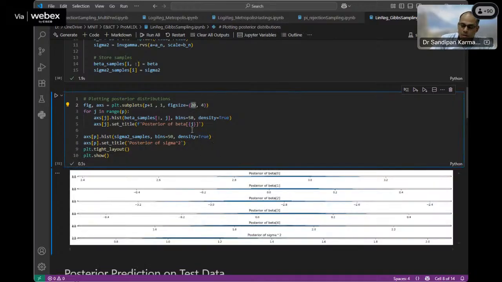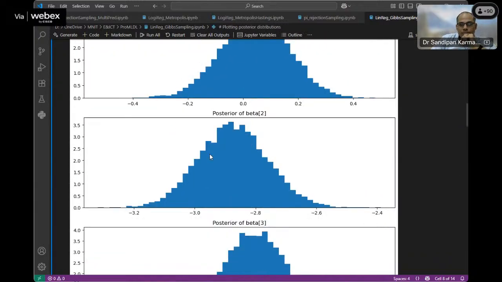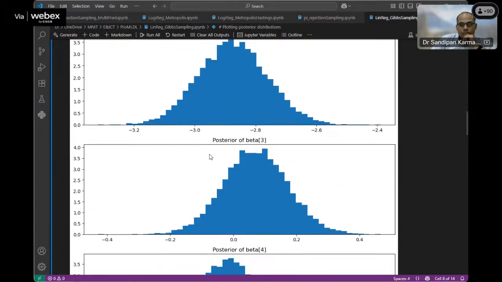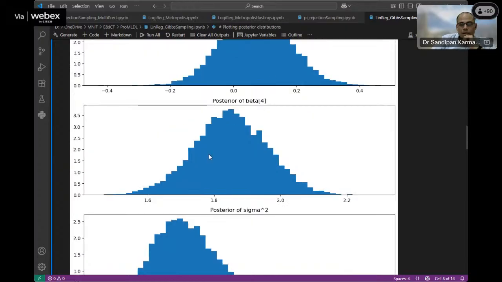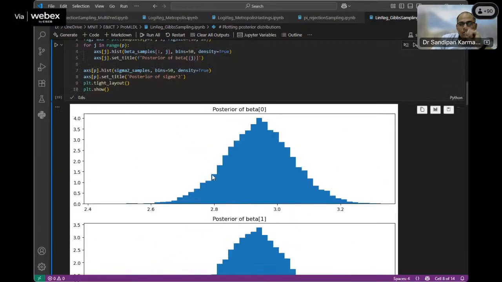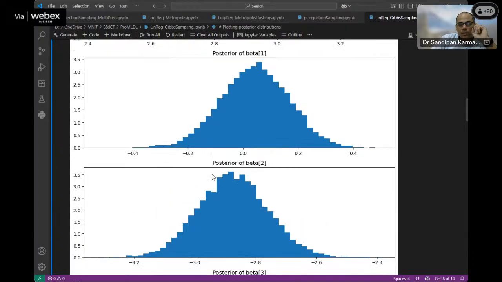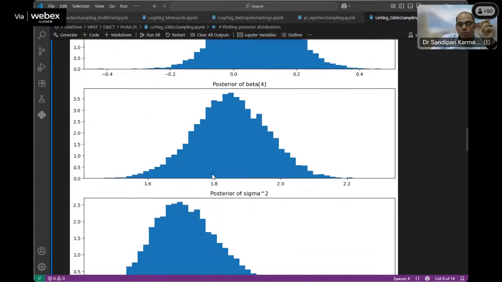10 and this one is 20. Now you can see. So it was 3, 0, then minus 3, 0, and then 2.